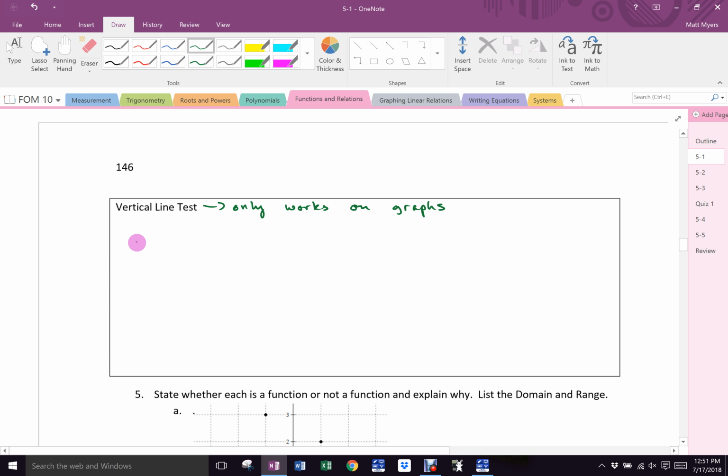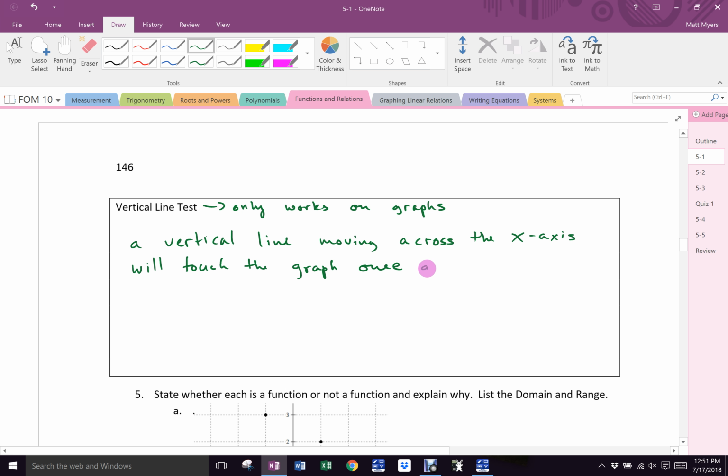And it is this: a vertical line moving across the x-axis will touch the graph once at every x value.